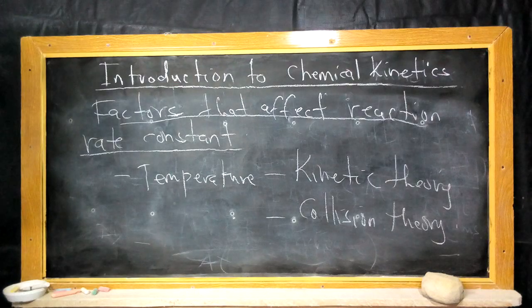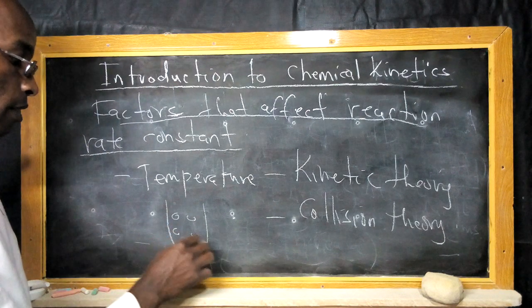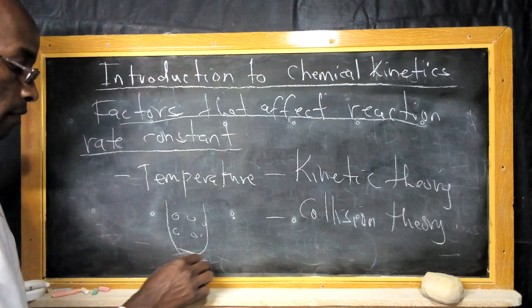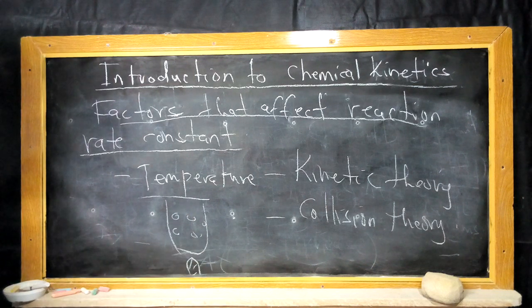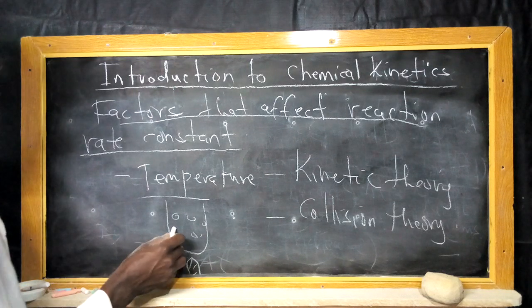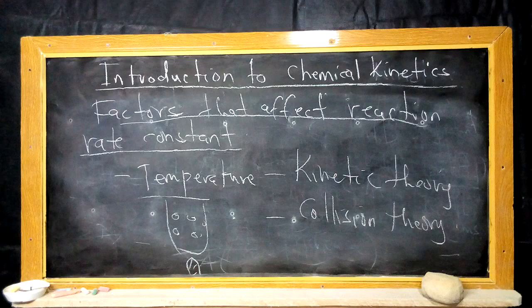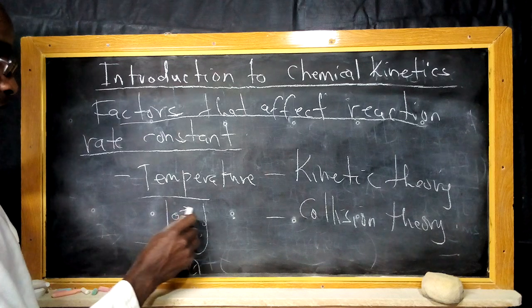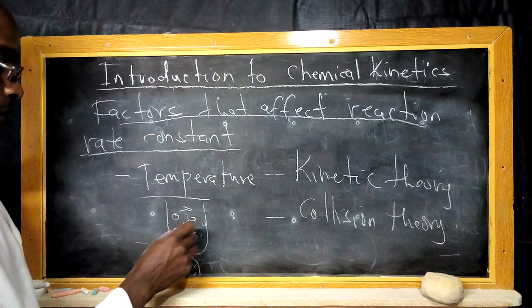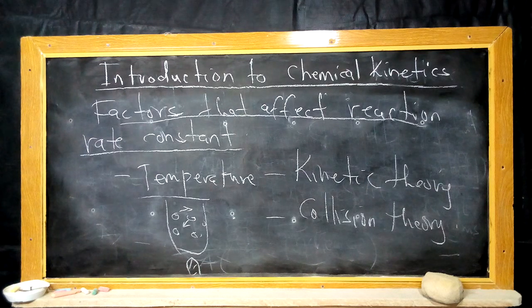So suppose I have particles in a container like this, maybe gaseous particles, and I try to increase the amount of heat in this particular container, maybe it's enclosed. Now this states that there will be an increase in the speed of motion of these particles, and it will lead to more collisions.